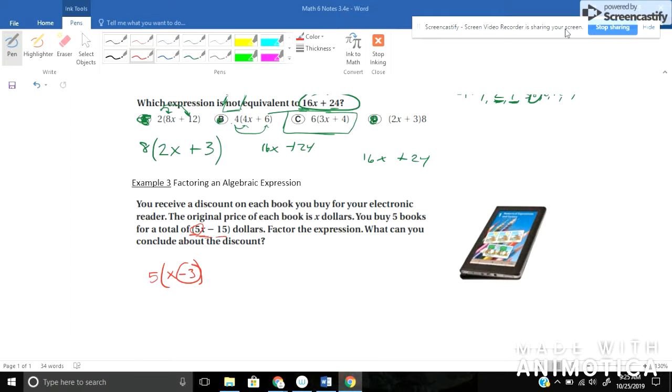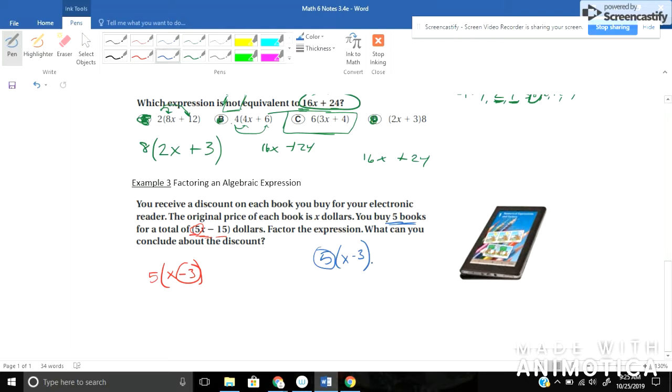So it says, what can you conclude about the discount? Well, in this expression, 5 times x minus 3, what does that represent? Well, that represents that we bought 5 books. You see that right here in the expression. And the x minus 3 represents the price of each book.